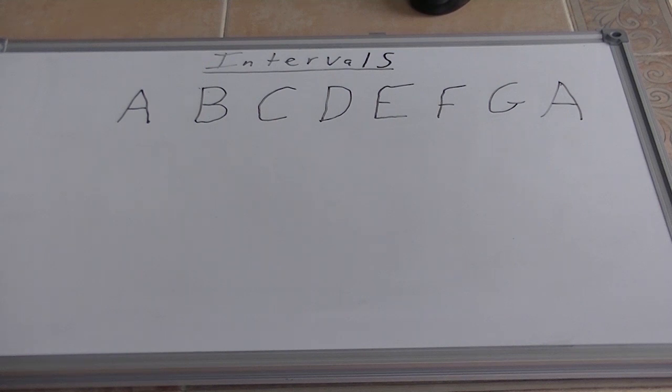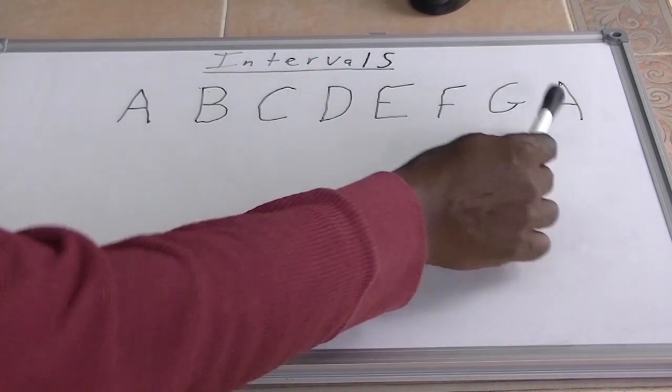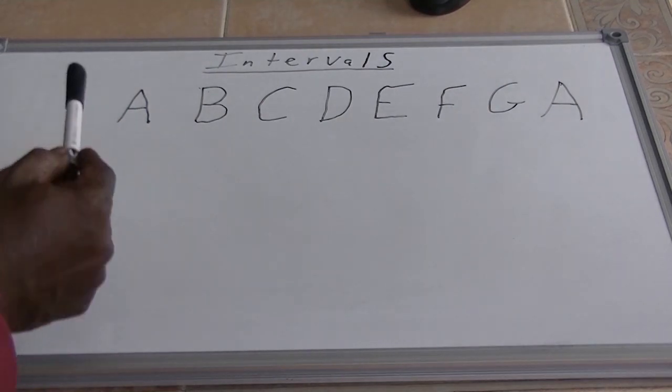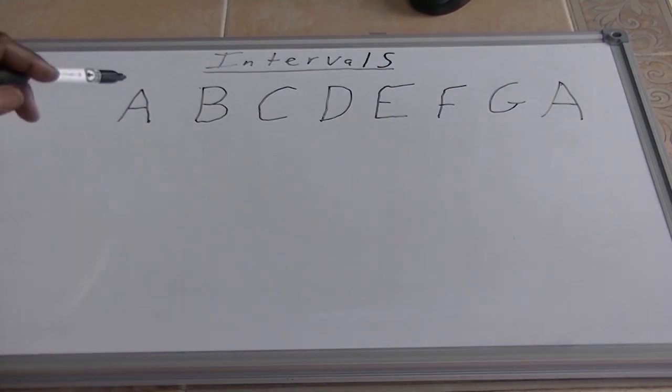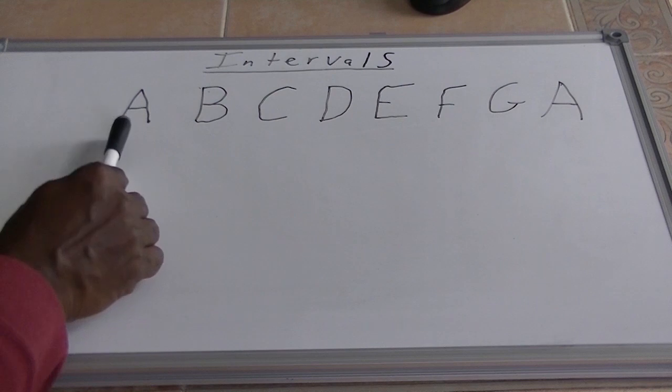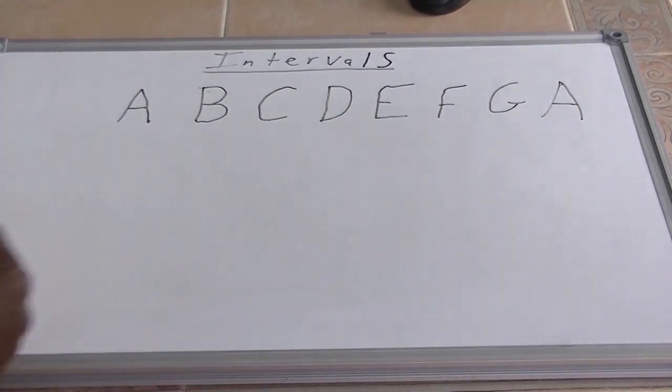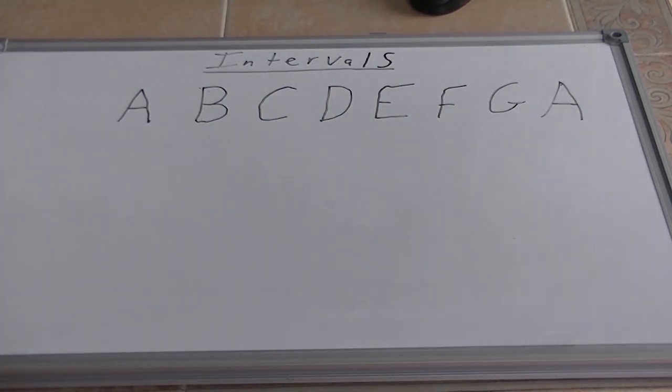But our knowledge of music theory also tells us that this A is higher in pitch than this A. And that difference in pitch between this A and this one here is what's known as an octave.